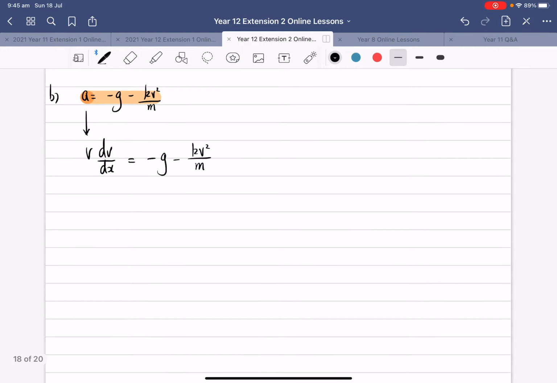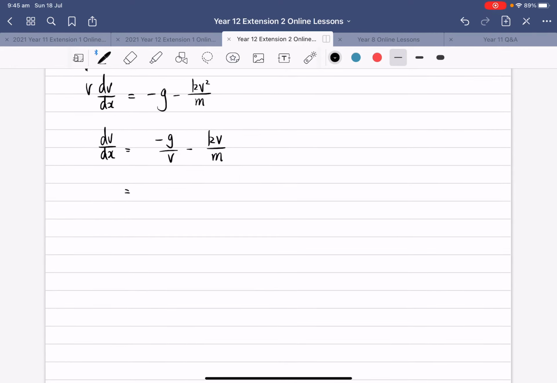So dv over dx is minus g over v minus kv over m. You can substitute the values of k, m, and g and everything inside, but I feel it's easier to do it without substitution first. So minus mg minus kv squared over mv, dv over dx. I hope my algebra is correct.